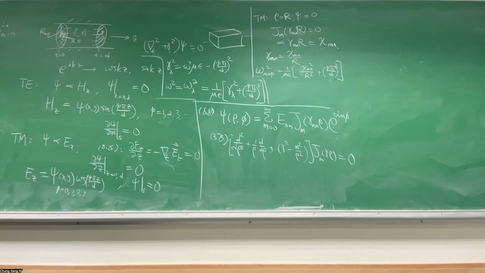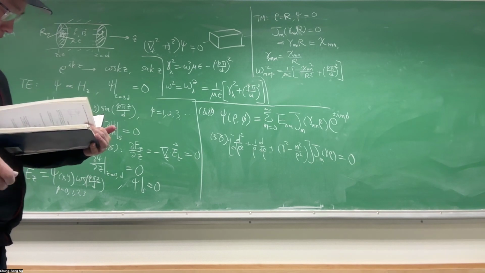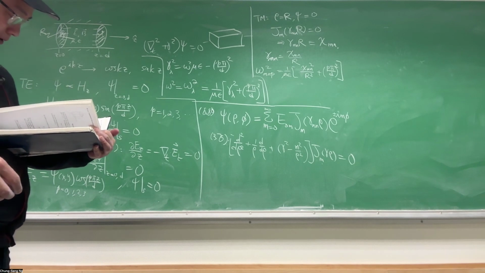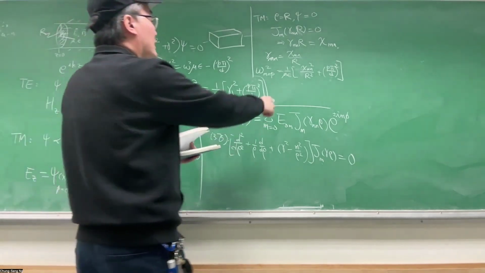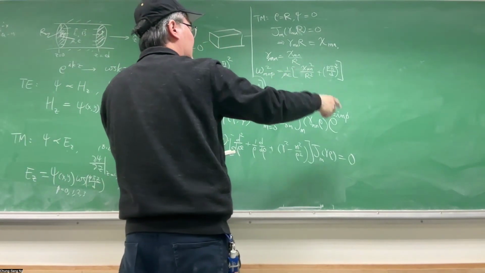There's a table below 3.92. So the smallest one is m is 0. And then the n you can usually count from 1, the first root and the second root.